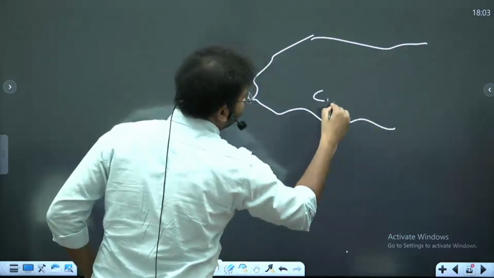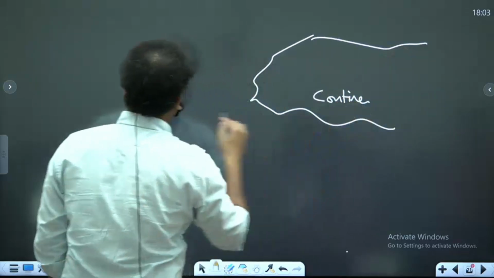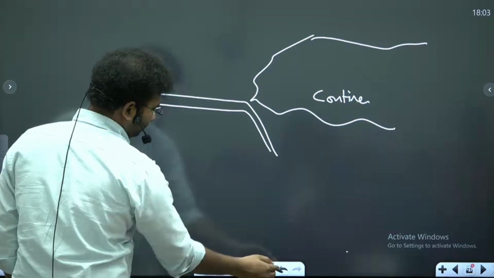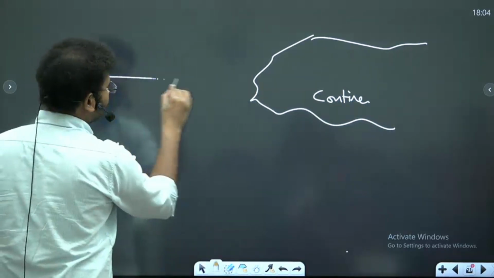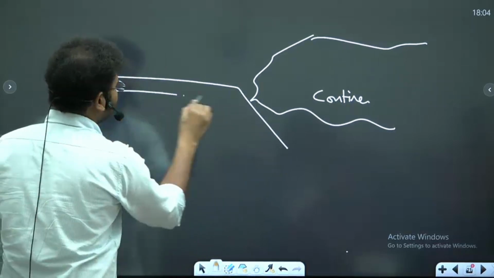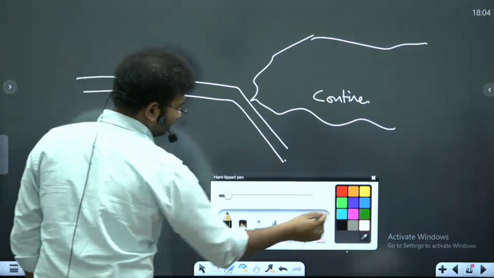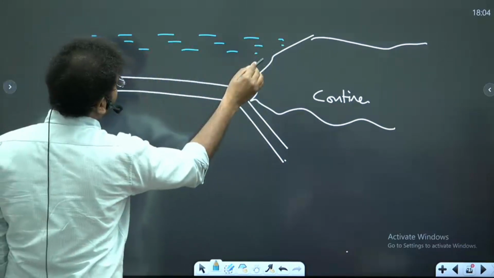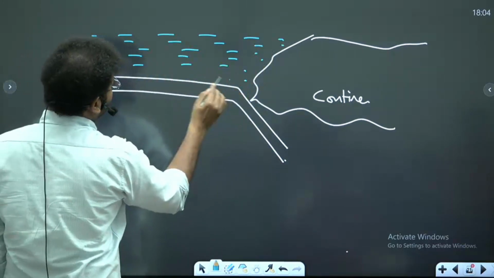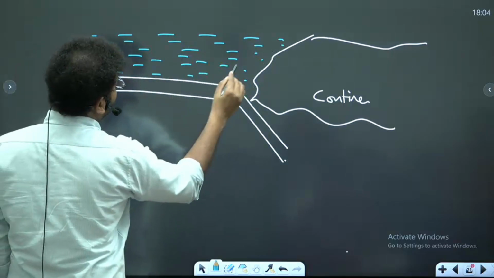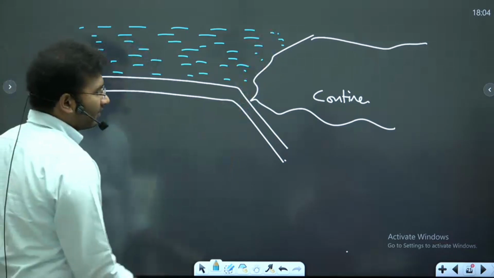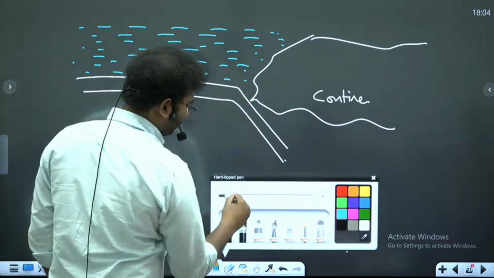This is continent, and this is your ocean. Right? And can you see this gap which is present here?